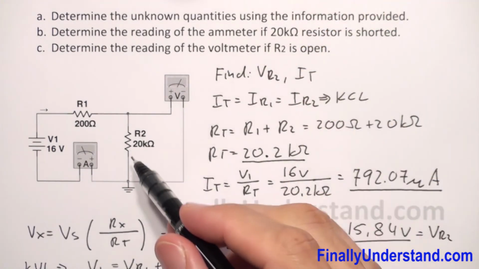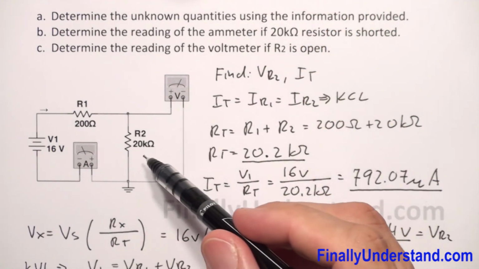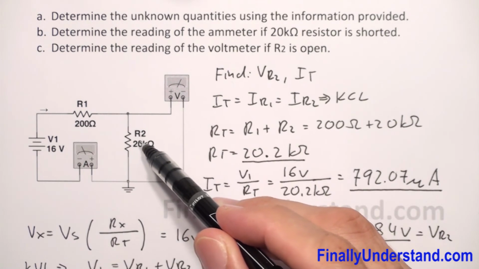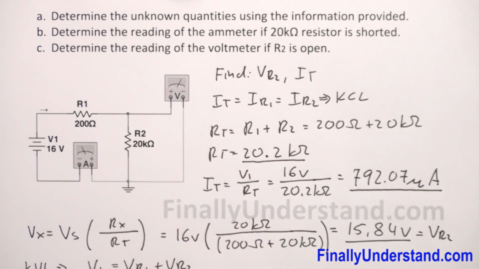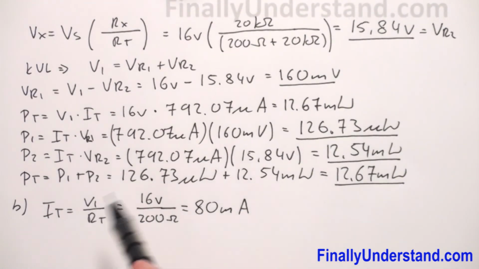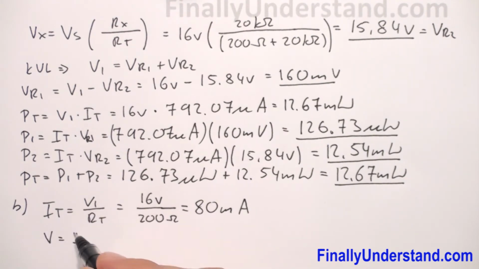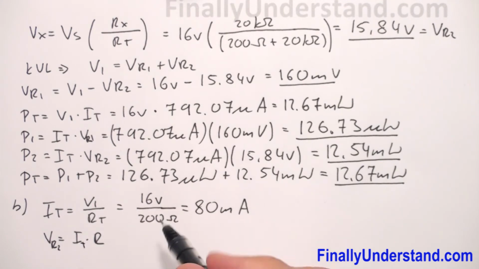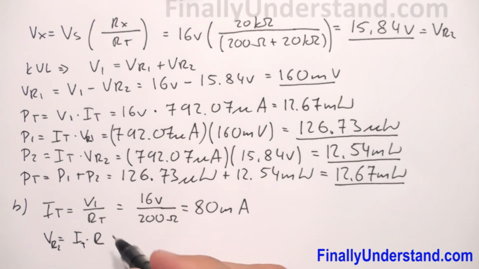Someone is going to ask, if this resistor is shorted, how many volts am I going to measure across this resistor? You're supposed to realize that voltage is equal to current times resistance. In this case I have to find VR2. So I have to multiply total current, because this is a series circuit, times resistance R2.